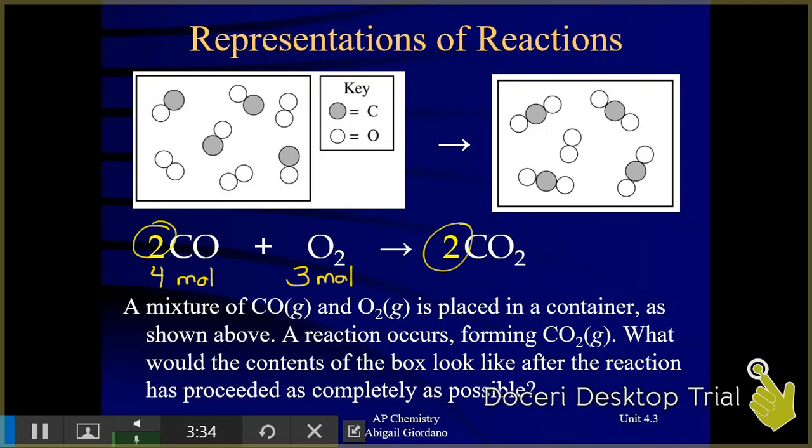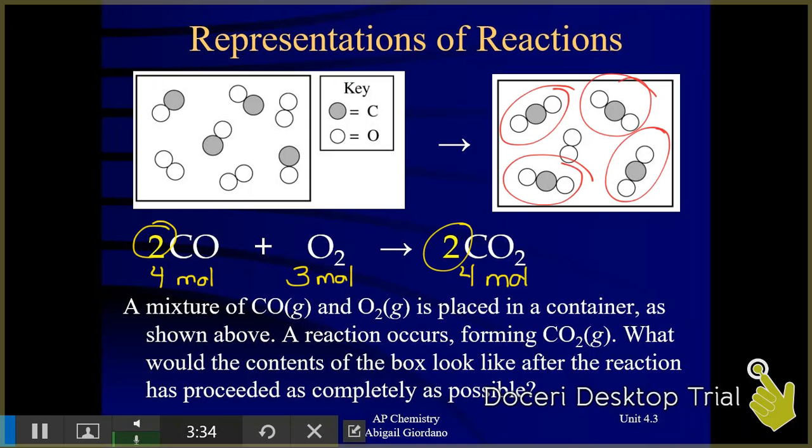So I have enough pieces. I have 4 moles of CO. I have enough material that I can also make that same number of molecules of carbon dioxide. And if you count them, 1, 2, 3, 4.